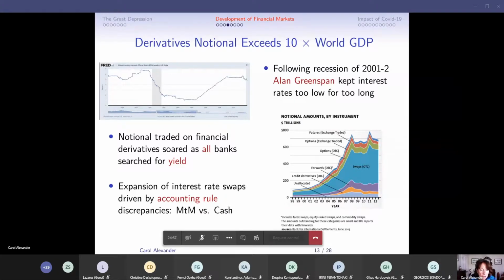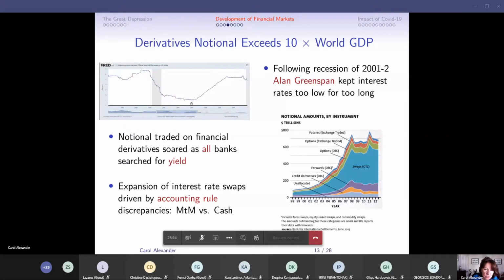In the graph on the left here, you see that the 3-month LIBOR rate was around 5 to 7% until the burst of the technology bubble at the beginning of 2001. And these shaded regions are recessions. And Alan Greenspan, who was the longest serving president of the Federal Reserve Board, kept interest rates very low.